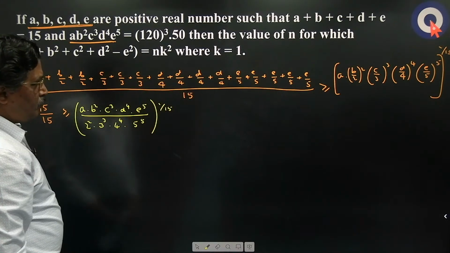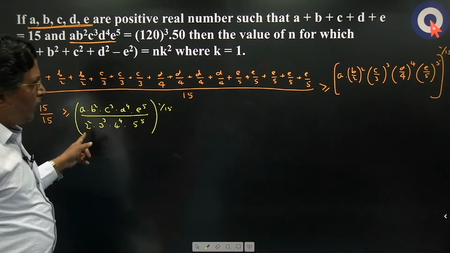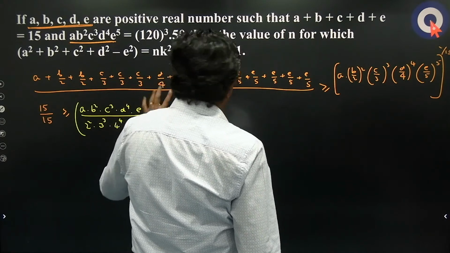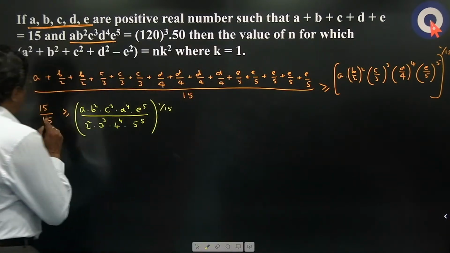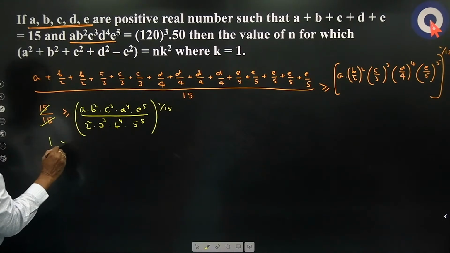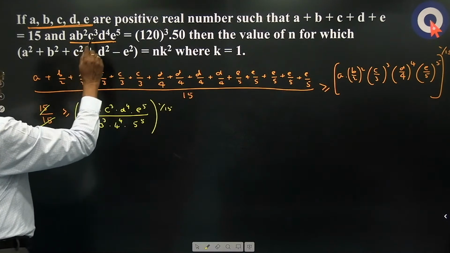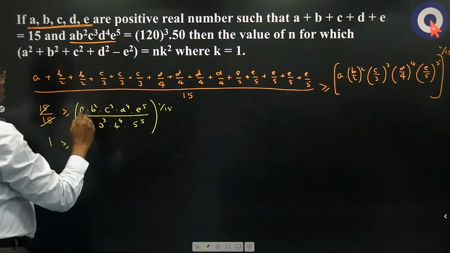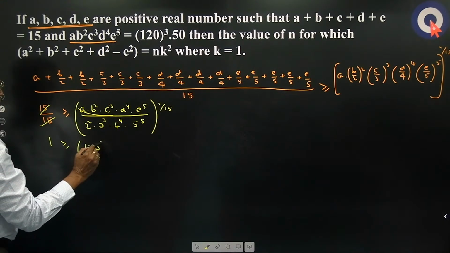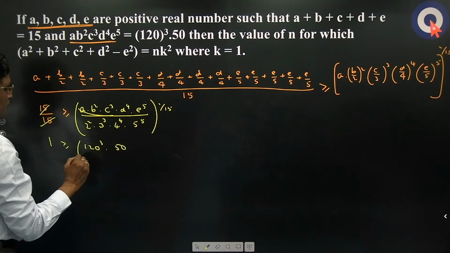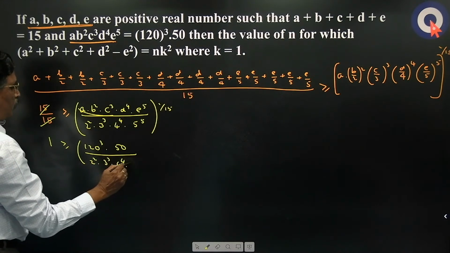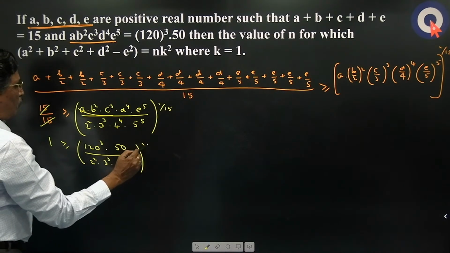Let me check again. I have there 2 square, 3 cube, 4 power 4, 5 power 5, whole power 1 by 15. So this is greater than or equal to A B square C cube D power 4 E power 5. This value is given as 120 cube into 50, divided by 2 square, 3 cube, 4 power 4, 5 power 5, whole power 1 by 15.